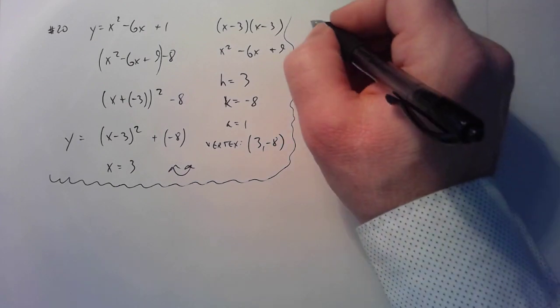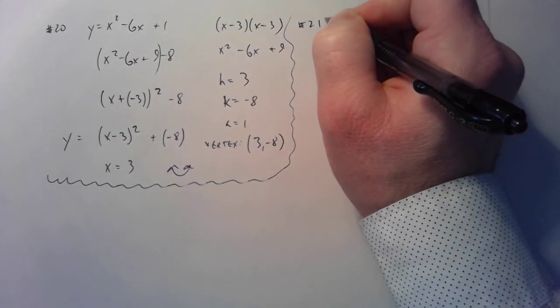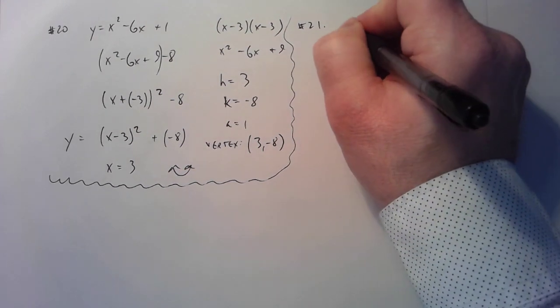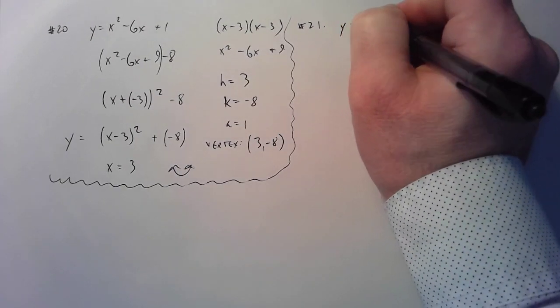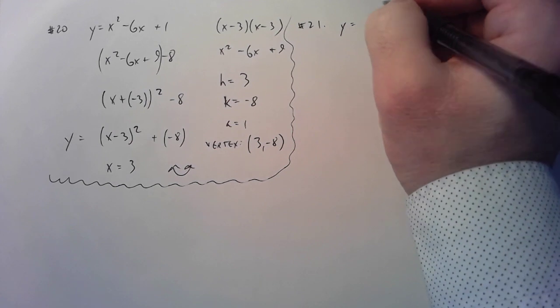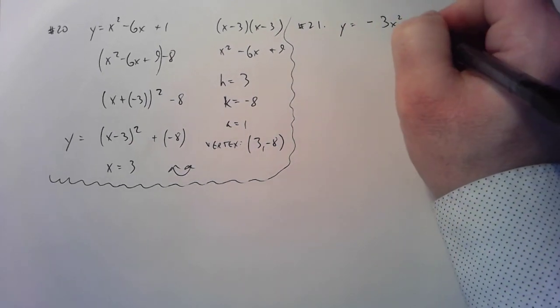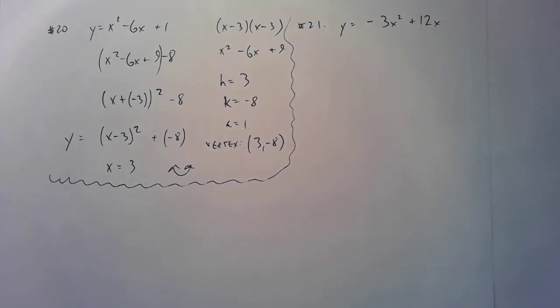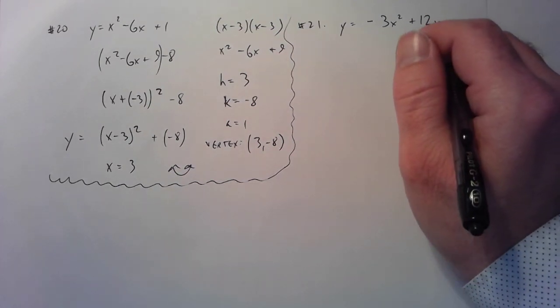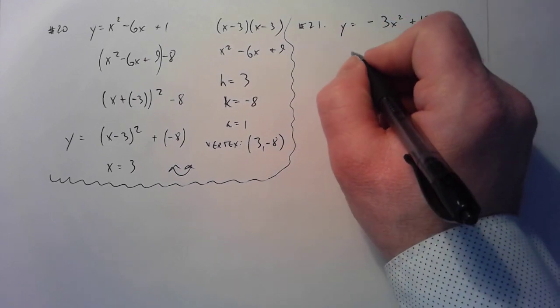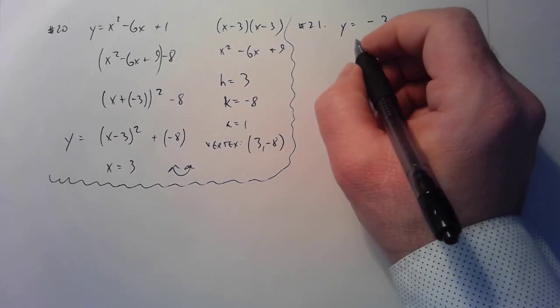21 coming up. 21 says y equals negative 3x squared plus 12x. All right, so to complete the square on this, we just need to add something in that's going to make it work. Before that, though, I want to uncomplicate this by factoring a 3 out.